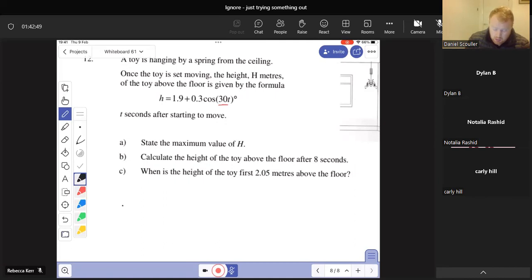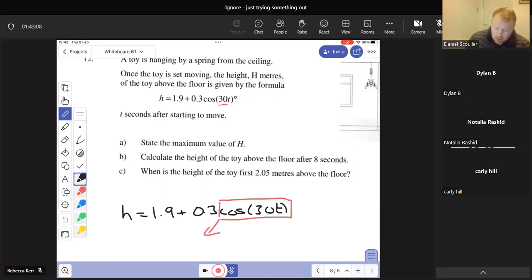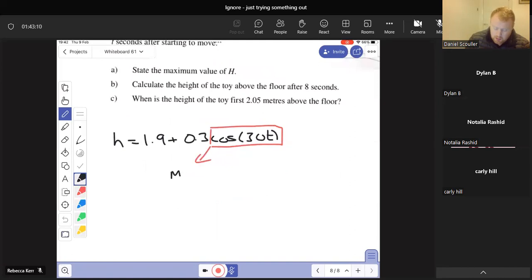So for h, 1.9 plus 0.3 cos 30t. Maximum when that cos 30t is equal to 1.